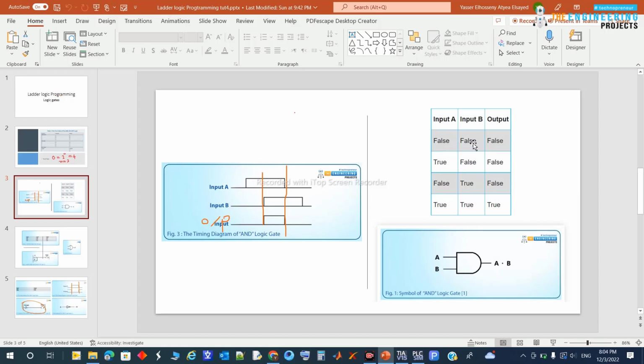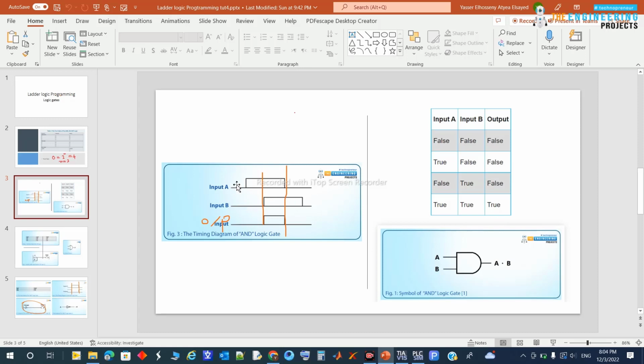False and false for the inputs produce false, true and false gives false, and false and true gives false. When A and B are both true, the output is true.